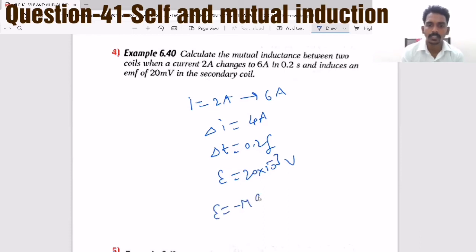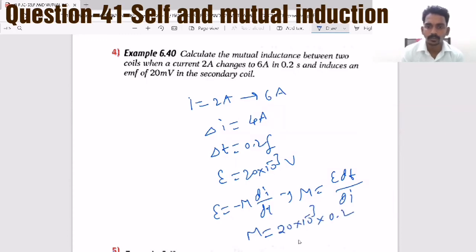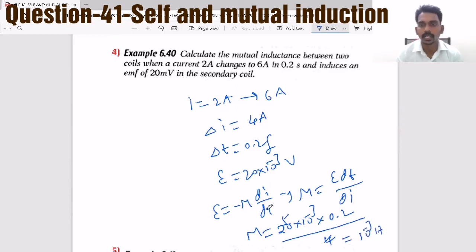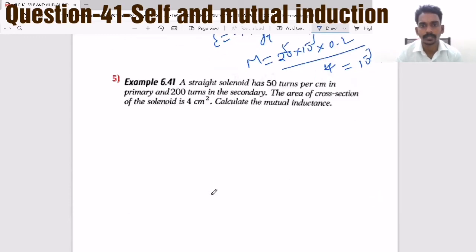So epsilon equals minus M di by dt, which implies mutual inductance is epsilon dt by di. So epsilon is 20 into 10 power minus 3, dt is 0.2, di is 4. 4 fives are 20, so 5 into 0.2 is 1. So 10 power minus 3 Henry. 1 milli Henry, you can also write it.